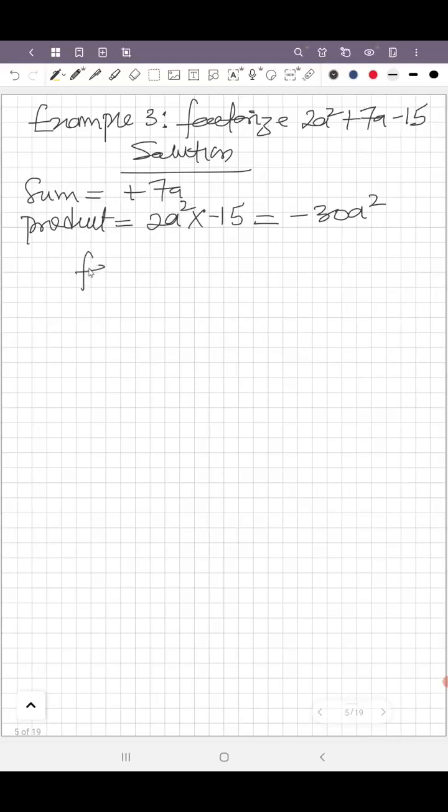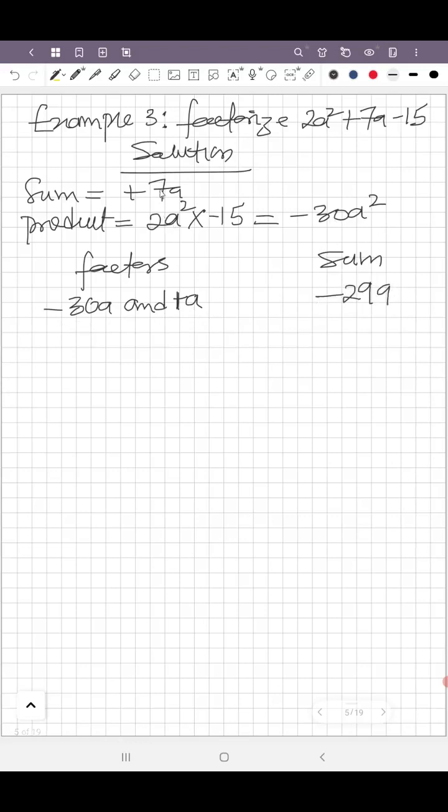So factors and sum, the same procedure. Let's assume we have minus 30a and plus a. When you multiply minus 30a and plus a, it gives us minus 30a², but when you add them together, we have minus 29a.